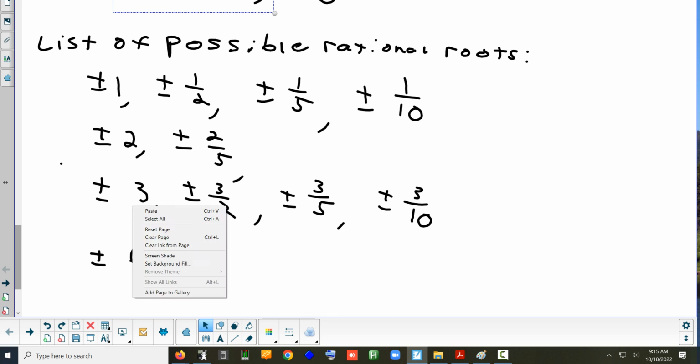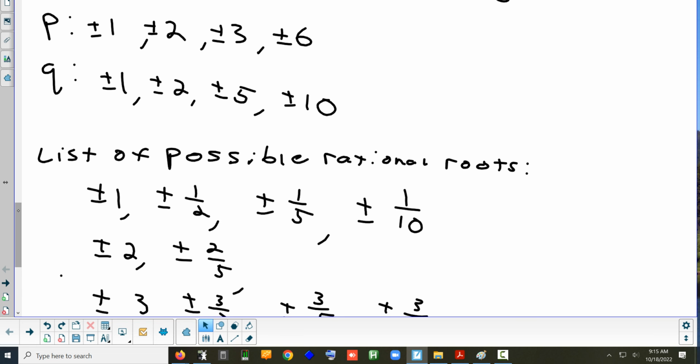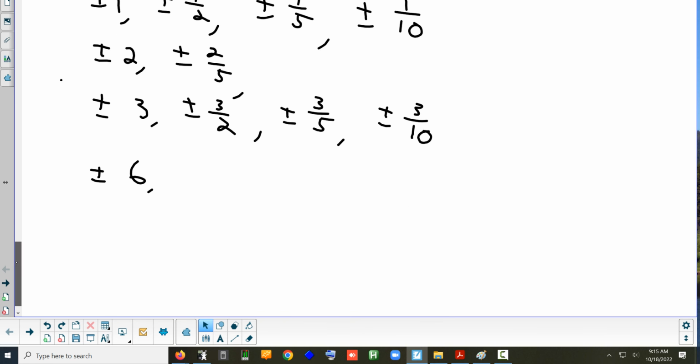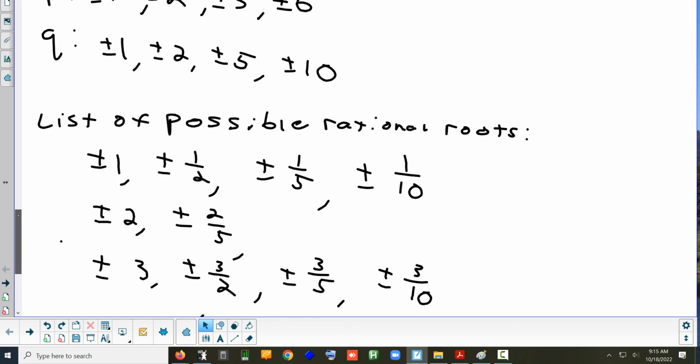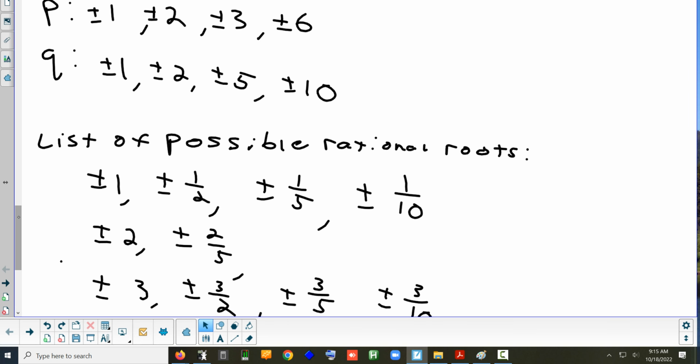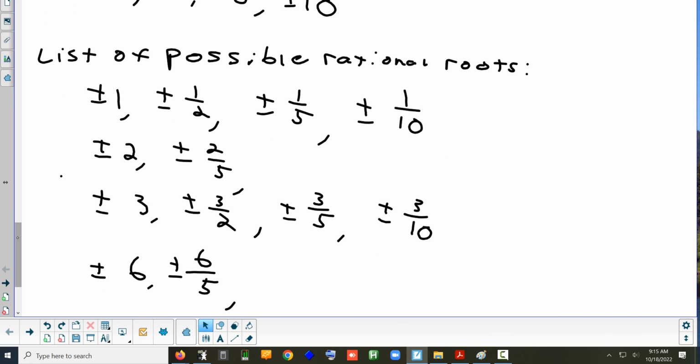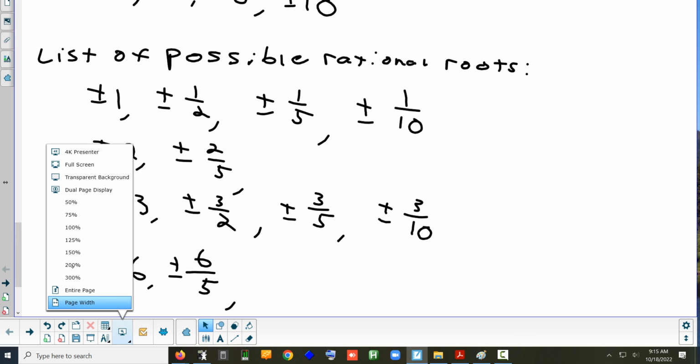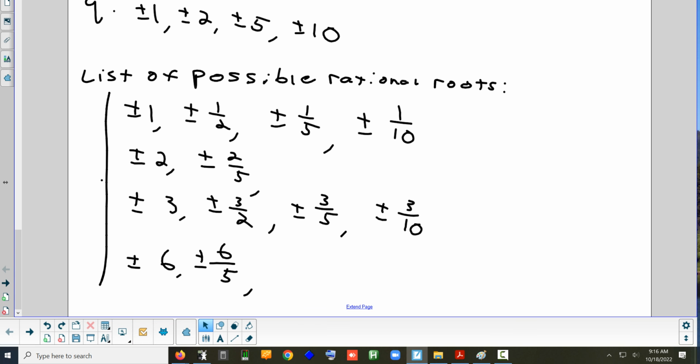We already have 3, so we don't have to write 6/2. What would be the next one after 6/2? 6/5. And the last one would be 6/10, but that's 3/5. We already have it.